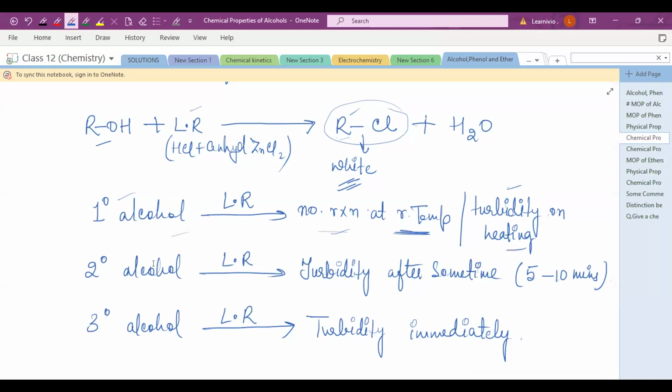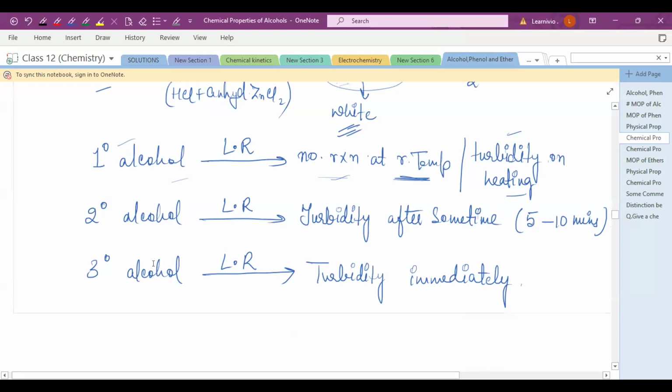Yes, ma'am. And the secondary alcohol. When you add the Lucas reagent to a secondary alcohol, you will see the turbidity only after some time, like 5 to 10 minutes.